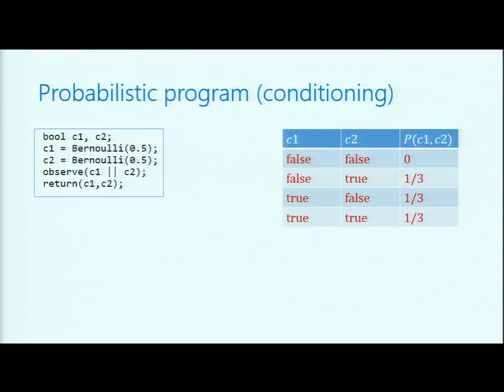In the earlier table you get 1/4, 1/4, 1/4, and upon renormalizing to make it a probability distribution, you get 1/3, 1/3, 1/3. So the meaning of this program is this distribution, which is again uniform but defined over this subspace. Essentially observe is used to condition the values of distributions in various ways.